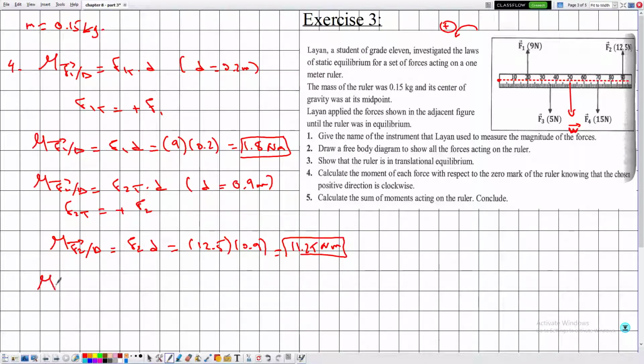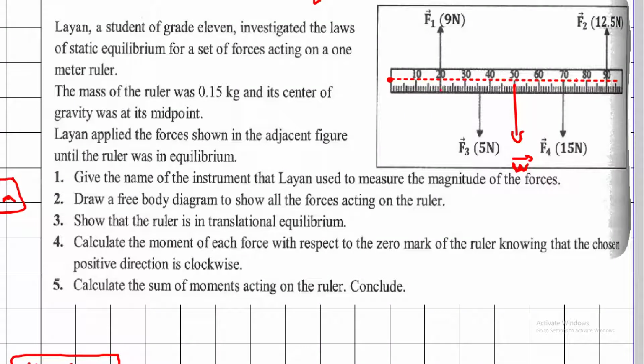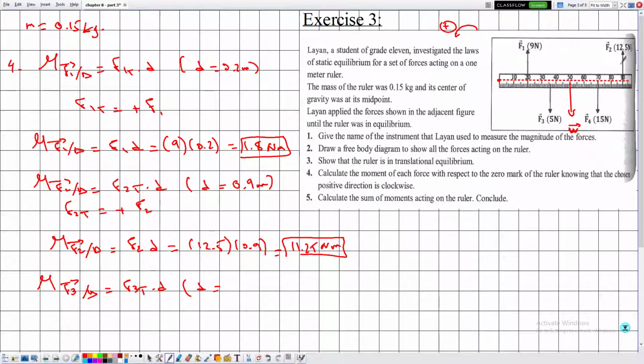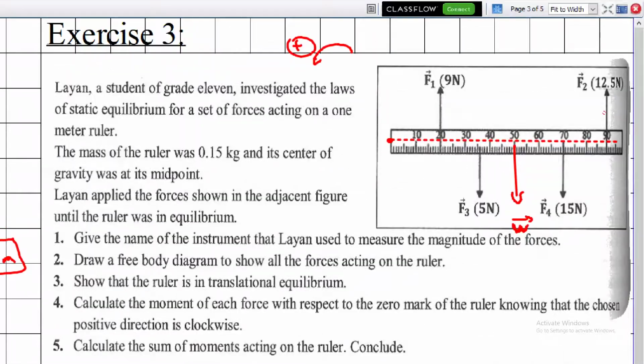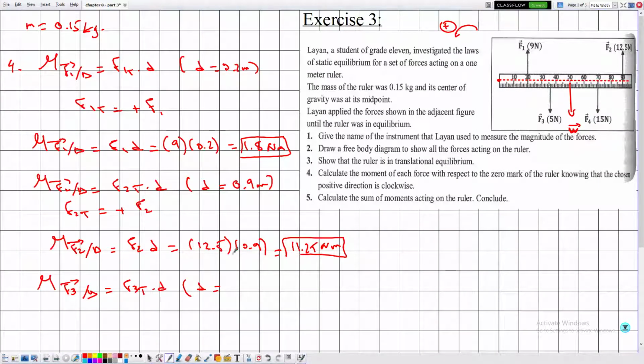Now as for the moment of the force F3 around delta, it is equal to F3 tangential multiplied by the distance d, in which d is equal to, suppose it's exactly 35. Here as it is indicated, it is 36, but let's use 35 and we will check.